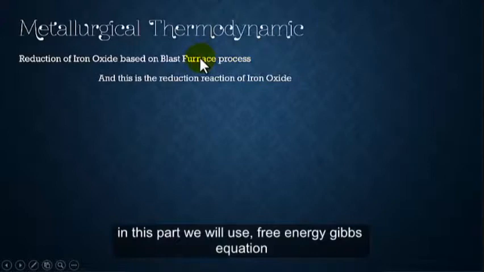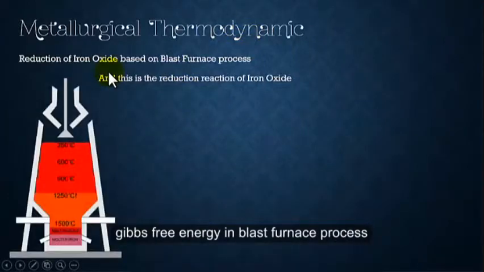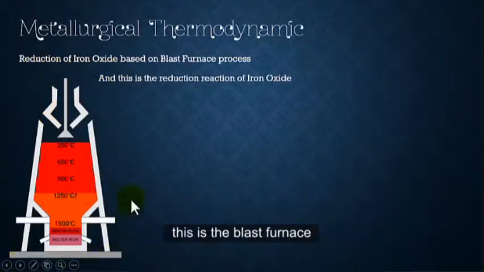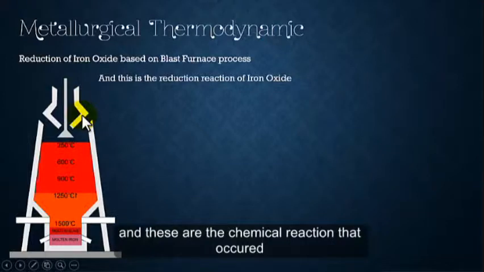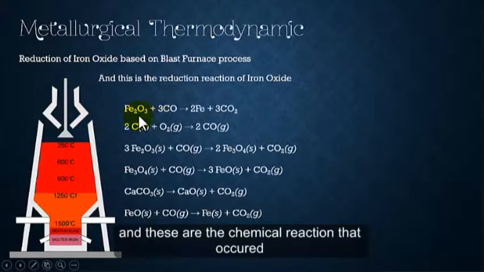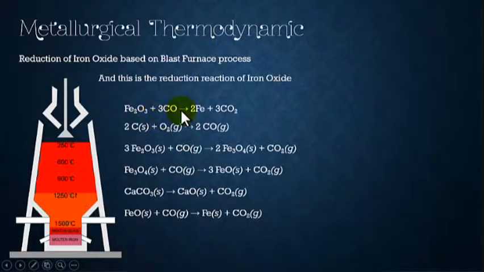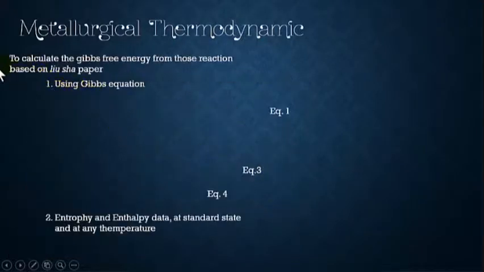In this part, we will use the Gibbs free energy equation to calculate the Gibbs free energy in the blast furnace process. This is the blast furnace, and there are chemical reactions there, like Fe2O3 plus 3CO produces 2Fe plus 3CO2, and the following reaction.